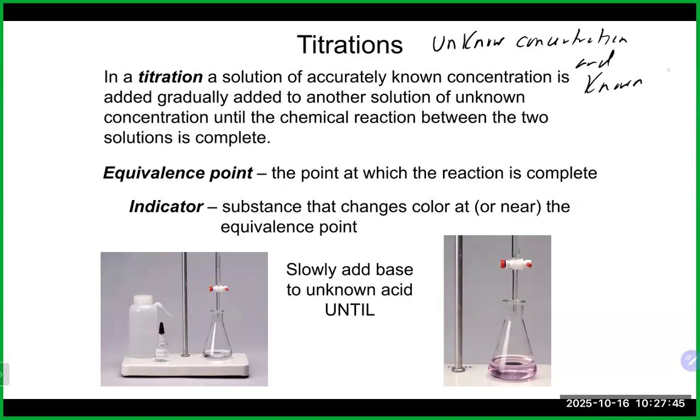So usually when you do a titration, you have an unknown solution and a known solution, and you use the known solution and stoichiometry to figure out something about the unknown solution. It could be molarity, like you probably did in Chem 50. It could also be something like equivalent mass or molar mass, like you might have done in Chem 50 as well. So you can figure out a lot of things through titrations.